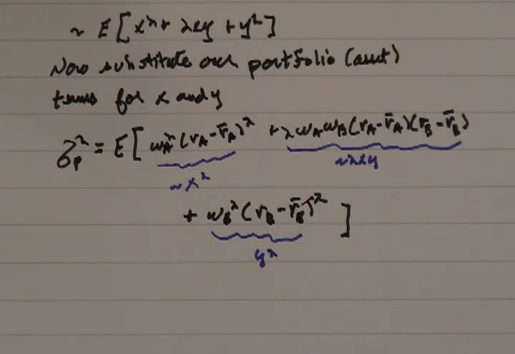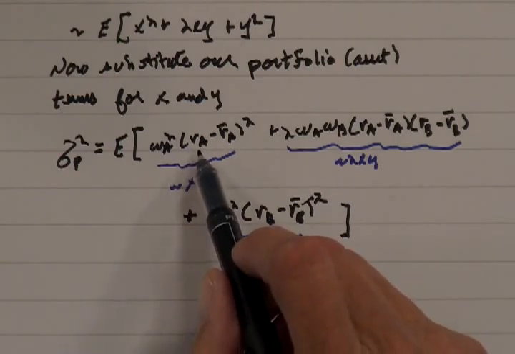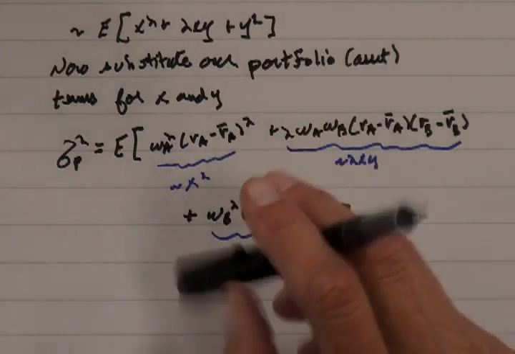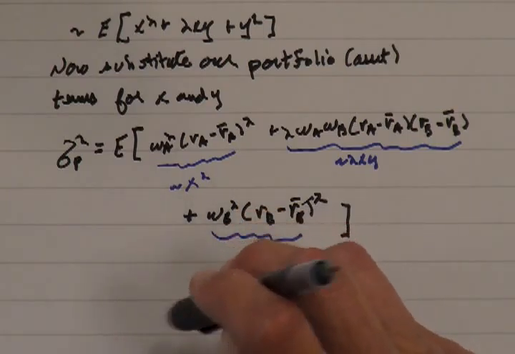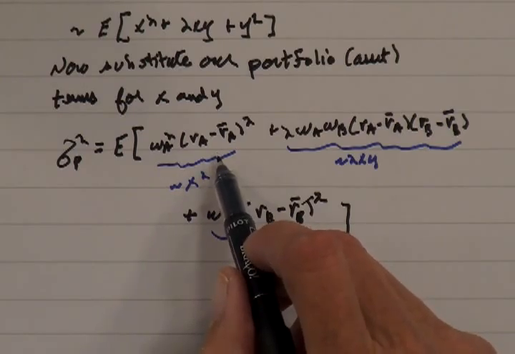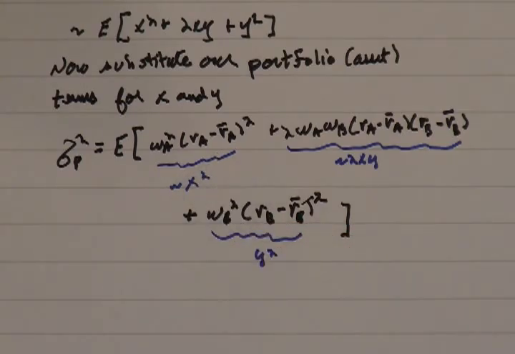Now what do we know? The expected value of RA minus R bar A squared is the variance of the return of A. So let's substitute that in. This is a nice derivation.